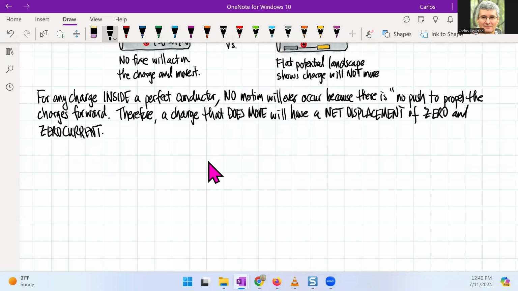So in summary, a perfect conductor will have no directional current that can actually move it.